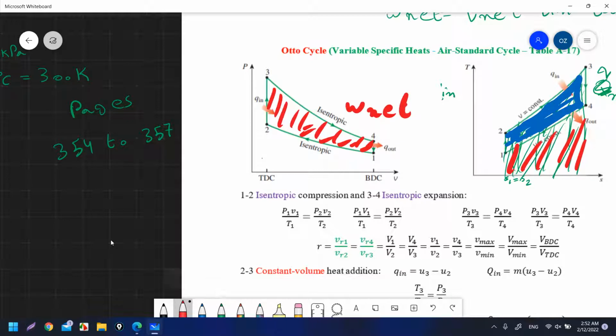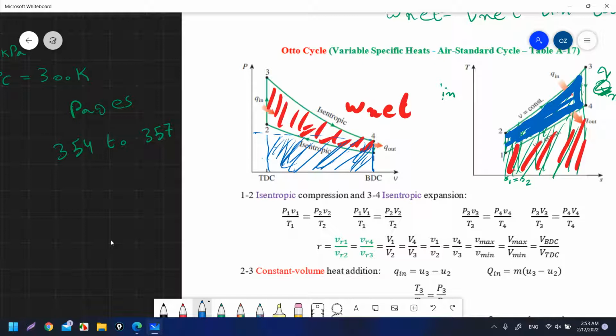If you use this pressure, if you multiply it by the volume change from the top dead center to the bottom dead center, we are looking for a pressure that will give us this area in blue, which is equal to the red area enclosed inside the cycle.